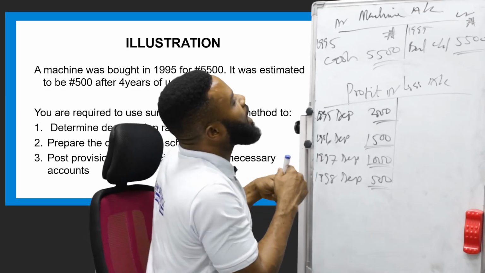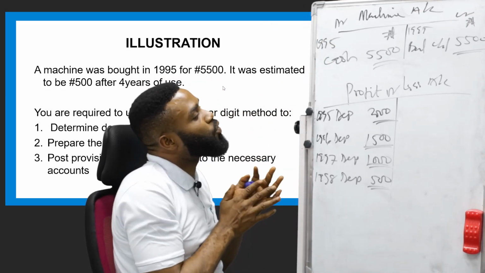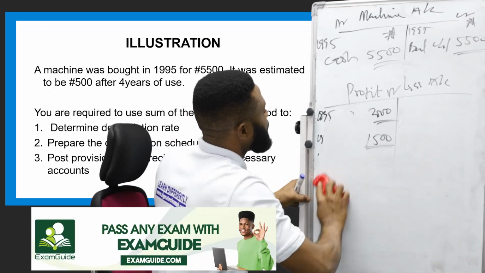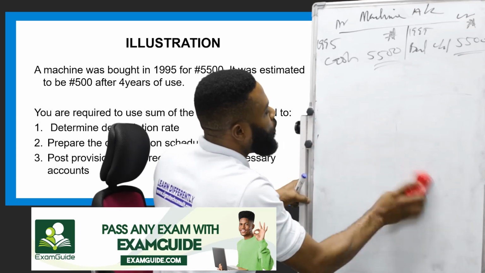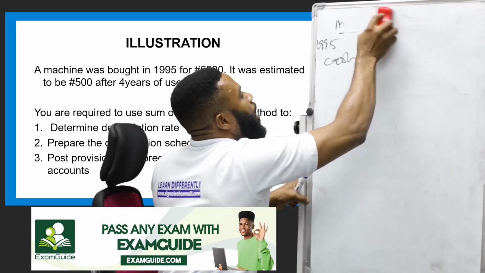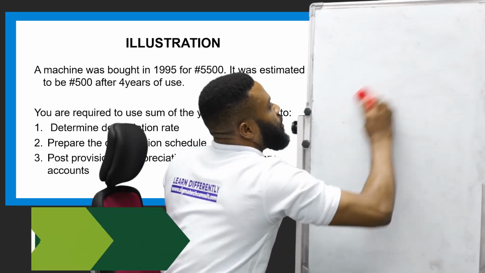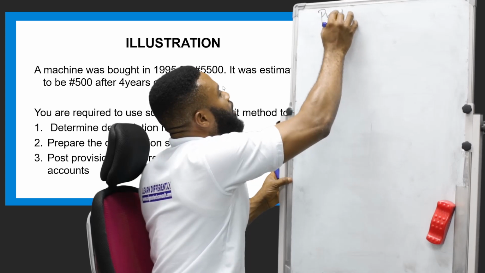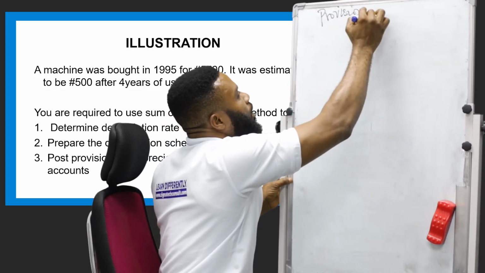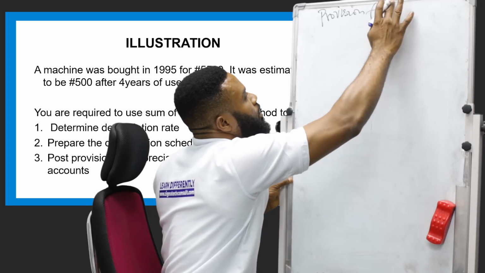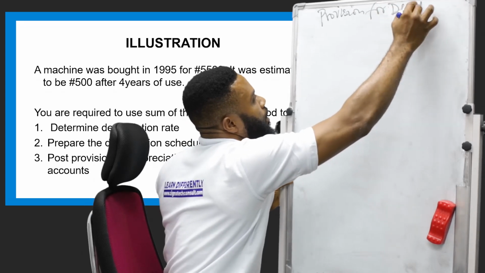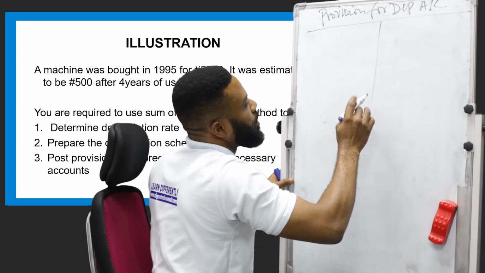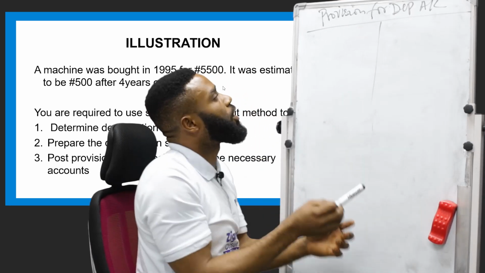All right. Now, let's look at the next one. The next one is what we call provision for depreciation. Provision for depreciation is a liability account. You have the provision for depreciation account.